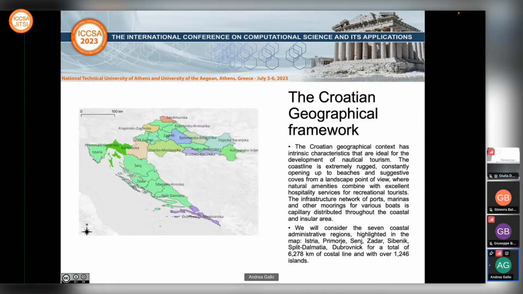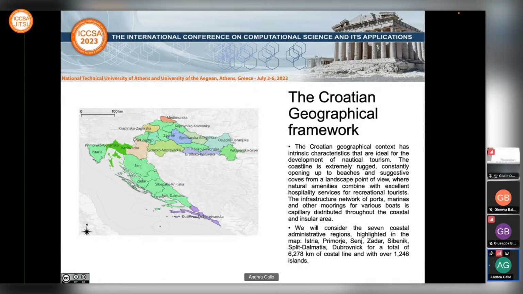So, as I said before, we will start from a short analysis of the Croatian geographical framework, where we could see that there is a long insular and coastal area that is good for the boat transport and boat traffic related to nautical tourism.